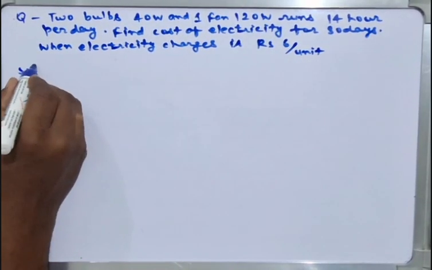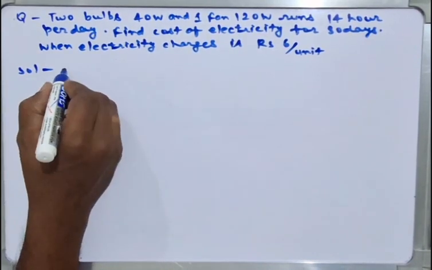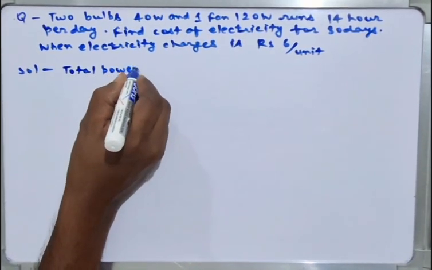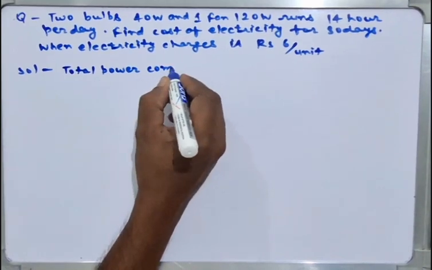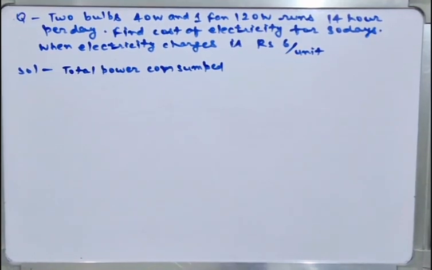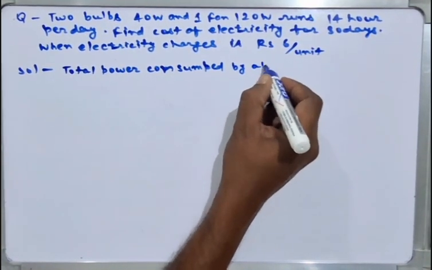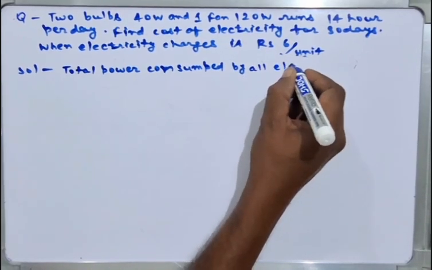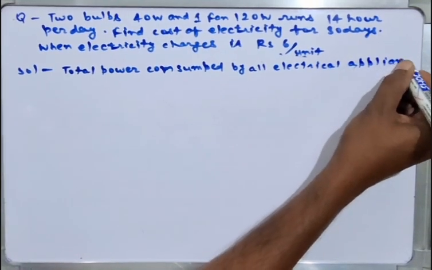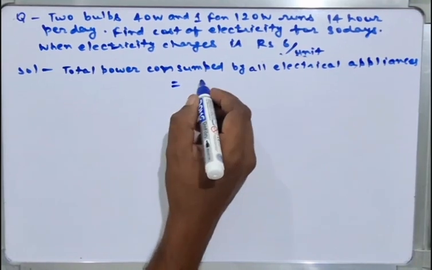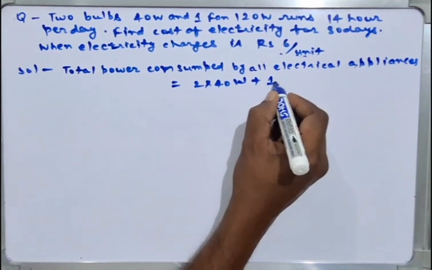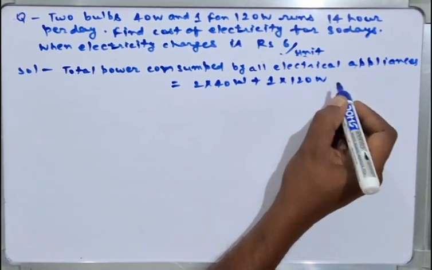Okay, so solution guys. The total power consumed by all electrical appliances is equal to 2 into 40 watt plus 1 into 120 watt.